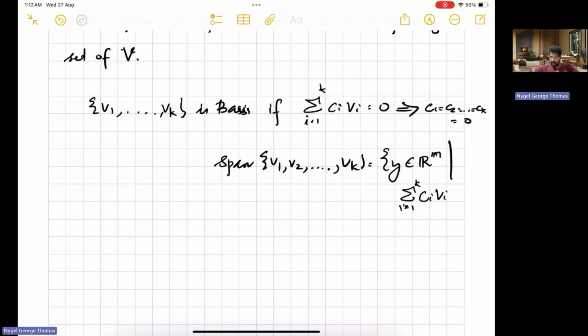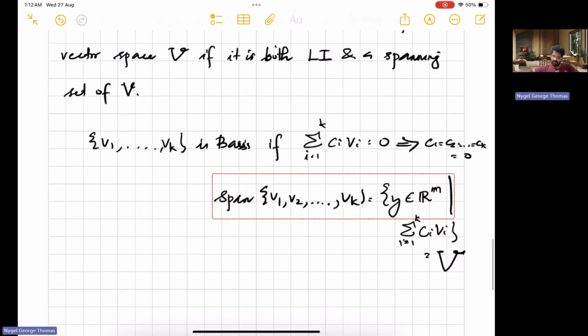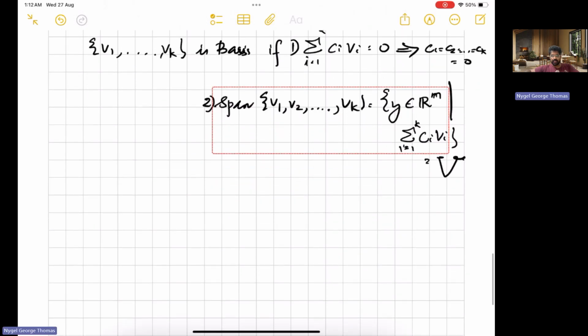This is actually the span, which is equal to the vector space. If both these conditions, 1 and 2, are satisfied, we call this a basis.